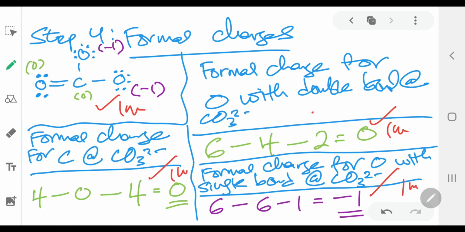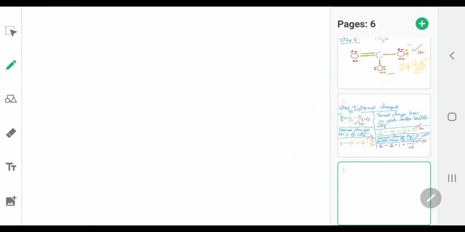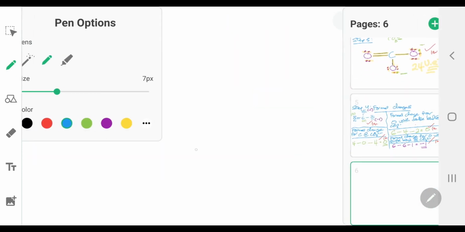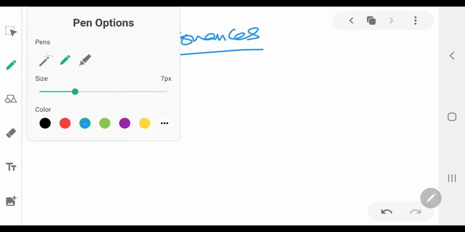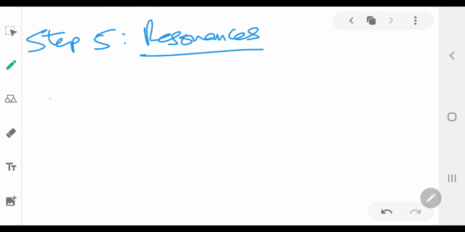So the resonance structures. Step 5, we're going to draw the resonance structures. Step 5, the resonances will be, okay, the structure just now we have oxygen, double bond carbon.